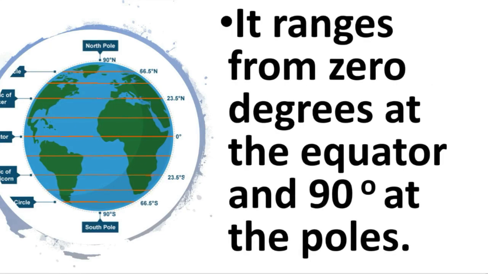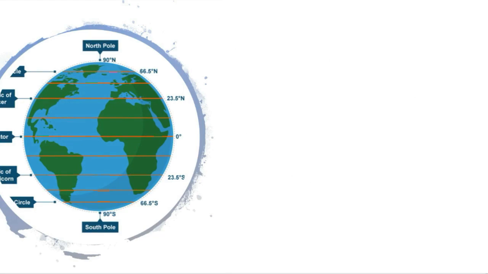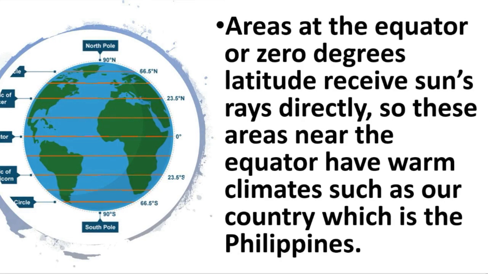It ranges from 0 degrees at the equator and 90 degrees at the poles. Areas at the equator or 0 degrees latitude receive sun's rays directly. So these areas near the equator have warm climates such as our country, which is the Philippines.